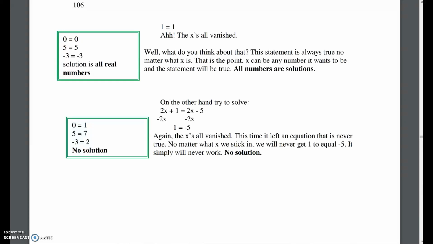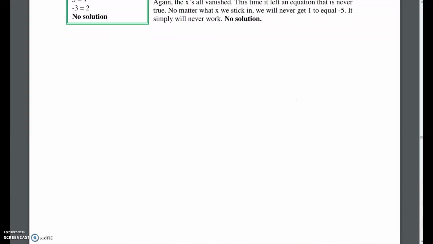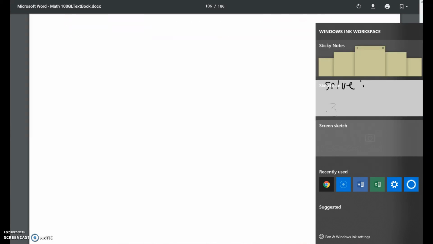So 1 equals -5, that will never be true. It doesn't matter what you plug in for x, 1 will never equal -5. So for that one, there's no solution. And I'll show you this by solving those problems that you asked me about.